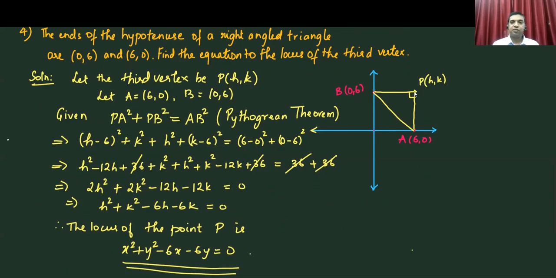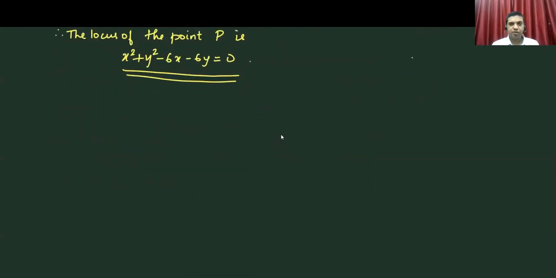So the third vertex will be the vertex of the right angle. We applied the Pythagoras theorem and we got the relationship. So we did 4 problems. We'll do more problems on this. They are important problems on locus.